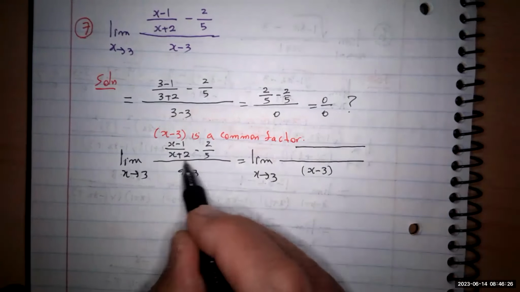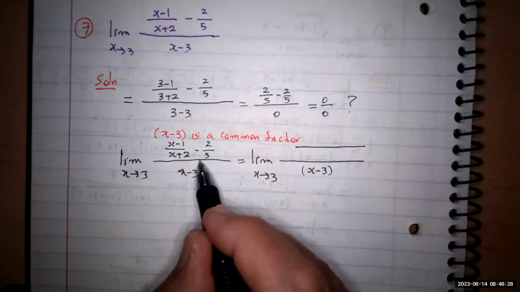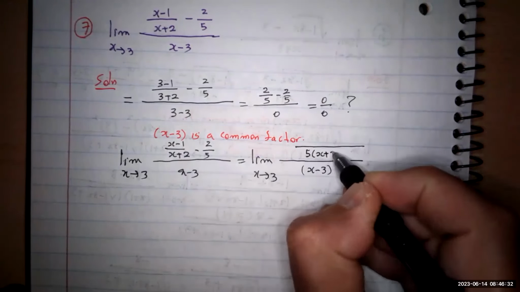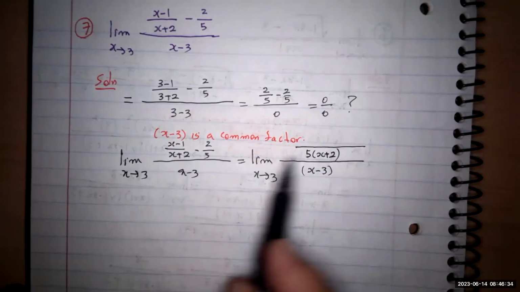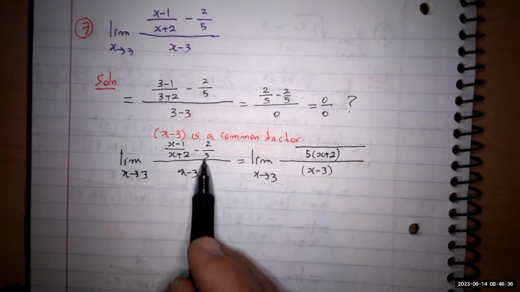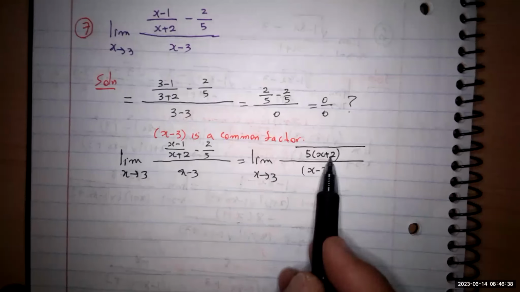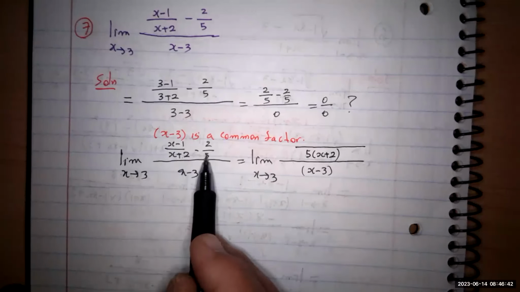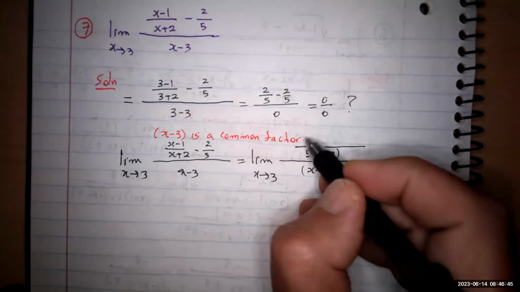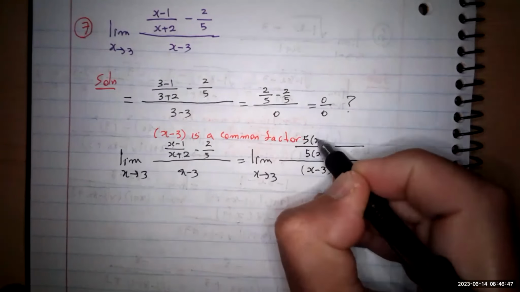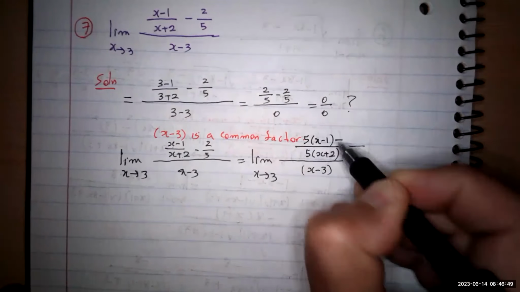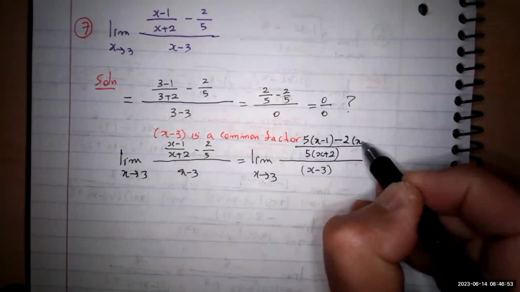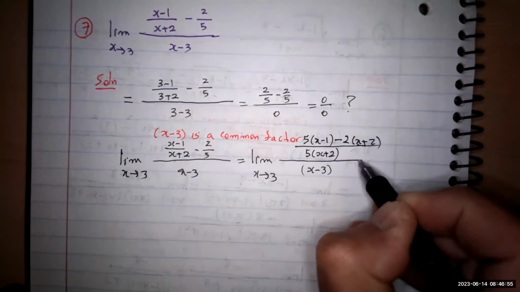The common denominator will be the product of the factors, so it's going to be 5 times x plus 2. On the top, you divide 5 times x plus 2 by x plus 2, the leftover is 5, or just cross multiply: 5 times x minus 1 minus 2 times x plus 2. So I just find the common denominator.